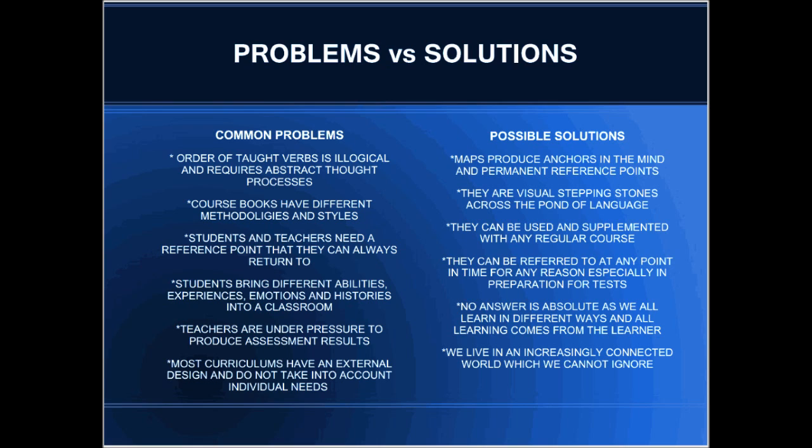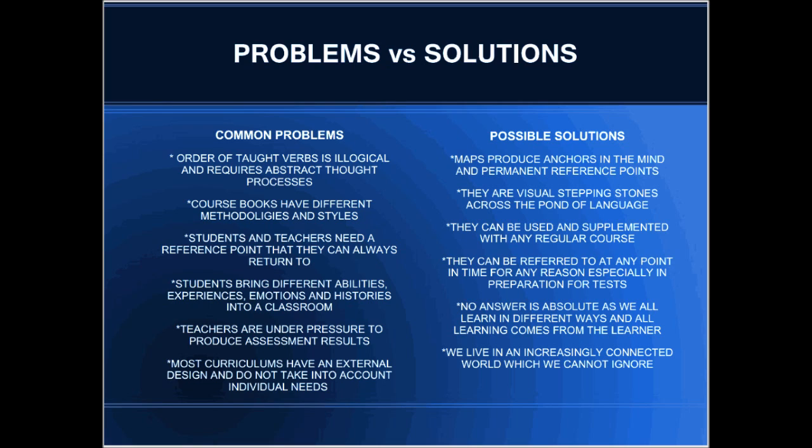So, common problems. The order of taught verbs is illogical and requires abstract thought processes. What this means is that the order of structures is often not logically presented. Whether it is systematic or not in courses can be argued. But this is a puzzle that teachers and students are left to try to put together themselves.